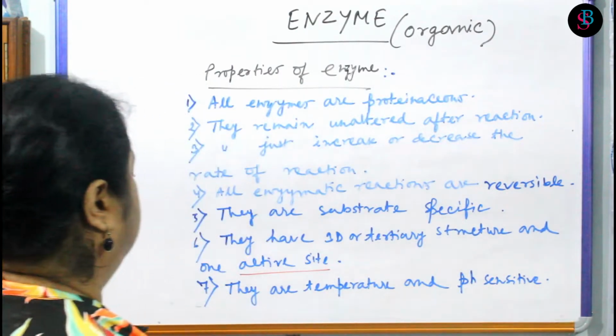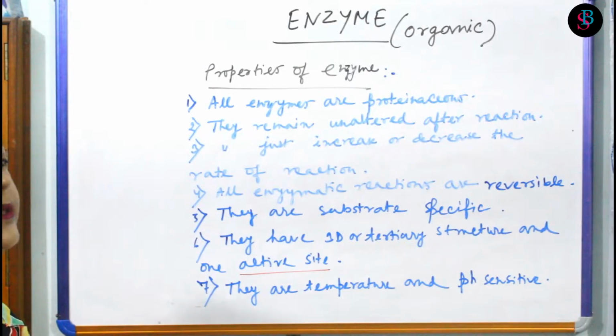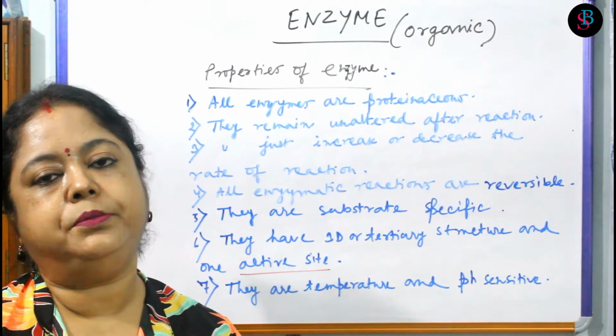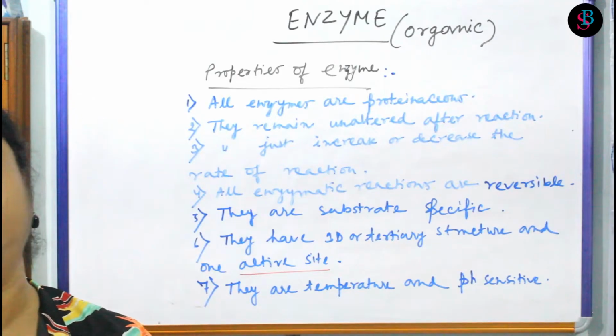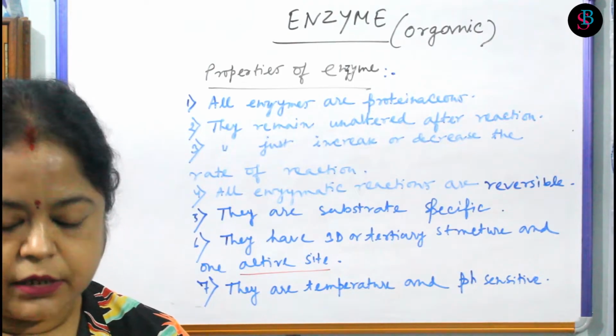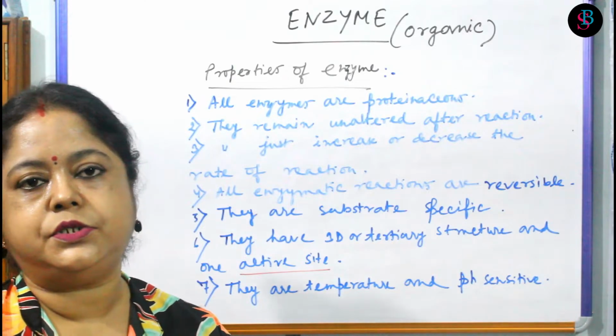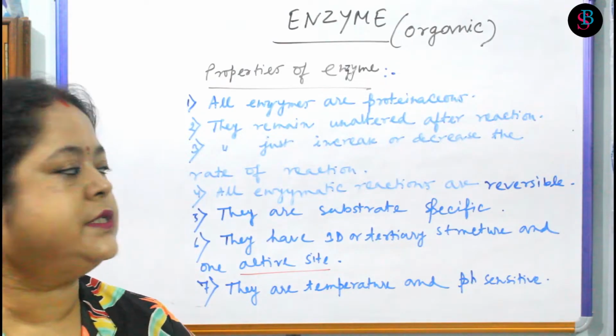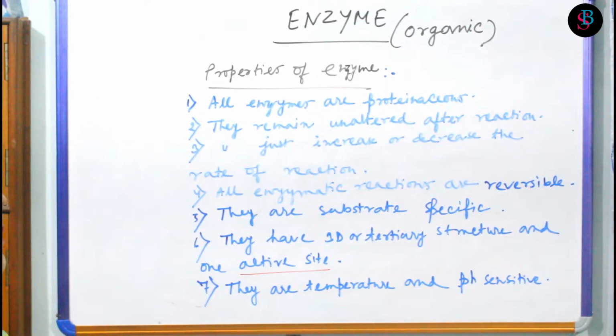That means at high temperature enzymes sometimes break, and at very low temperature, 0 degree centigrade or below, they remain inactive, and after 60 or 70 degree centigrade they break or get denatured. So this is about temperature sensitivity and pH.